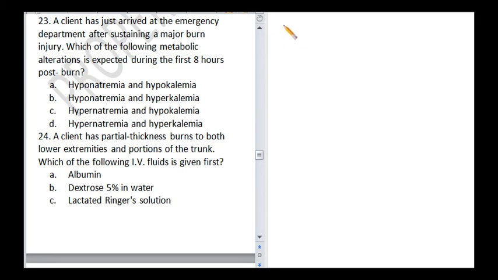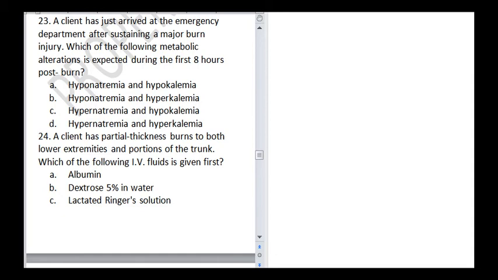Number 23. A client has just arrived at the emergency department after sustaining a major burn injury. Which of the following metabolic alterations is expected during the first 8 hours post-burn? Is it A, hyponatremia or hypokalemia? B, hyponatremia and hyperkalemia. C, hypernatremia and hypokalemia.